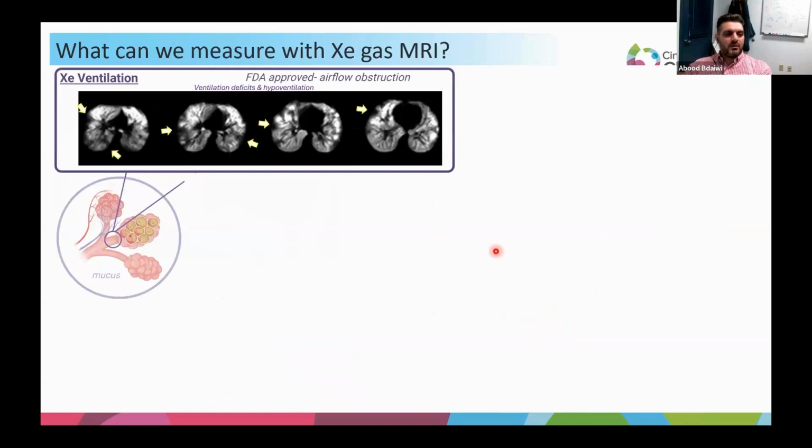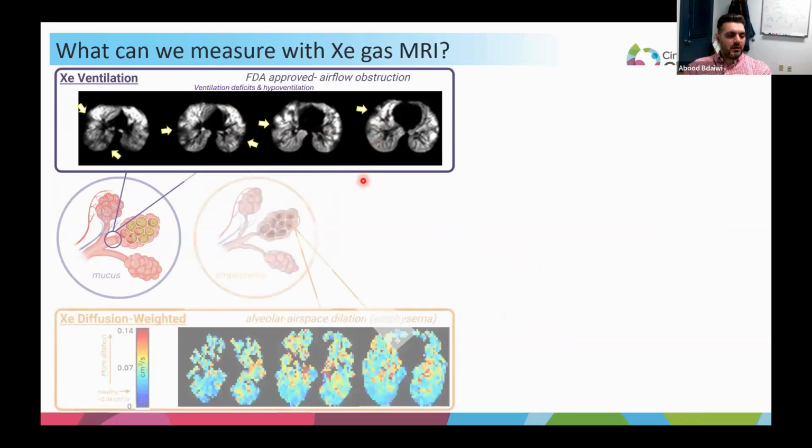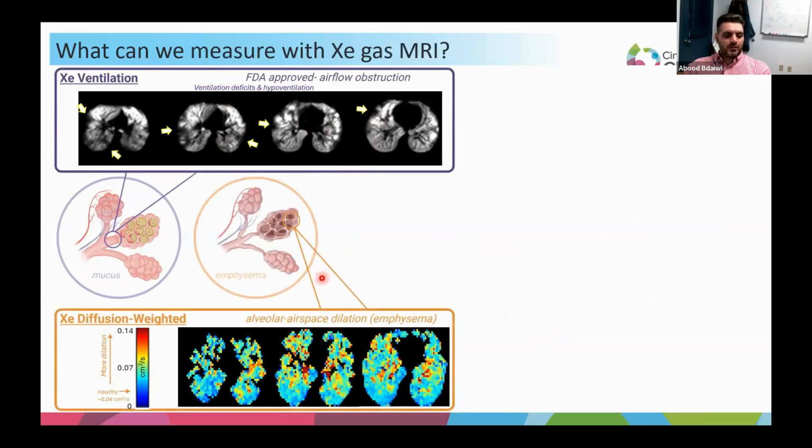So what can we do with this technology? First, we can look at the gas distribution inside the lungs, and we can identify all the defect areas that the gas is not reaching due to airway obstruction. We can also measure the alveolar airspace dilation through diffusion imaging.